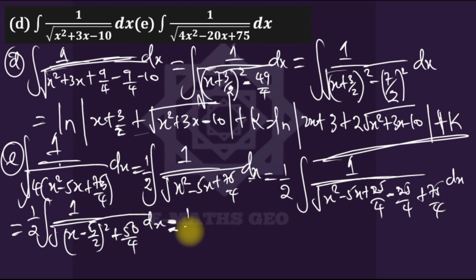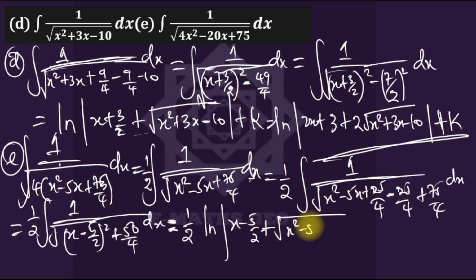So this is now half ln of x minus 5 over 2 plus the square root of all this, and all this and this are the same, so x squared minus 5x plus 75 over 4, remember all in square root, plus k.